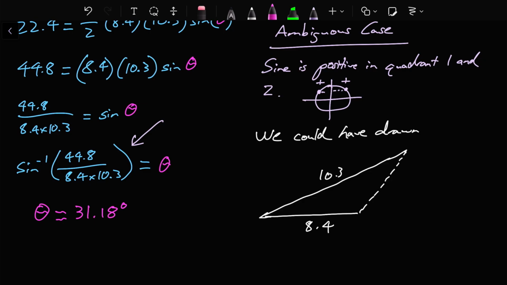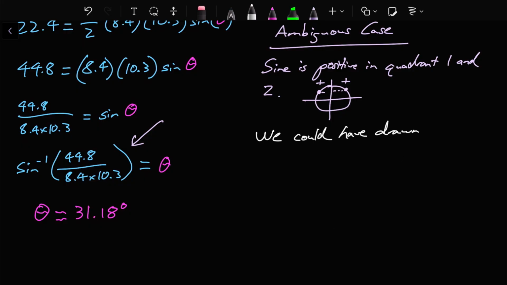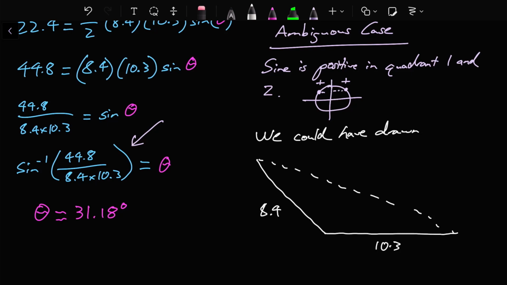Oh, no, sorry, that's actually very wrong. That's not what I meant to draw. I meant to draw this. Could have drawn this. There we go. That's much better. We could have drawn that, right? Where this angle is now obtuse. It's greater than 90 degrees.